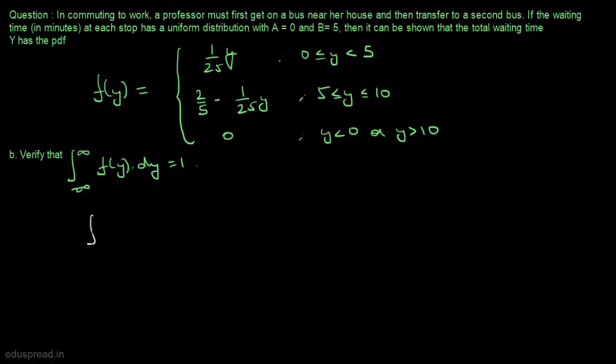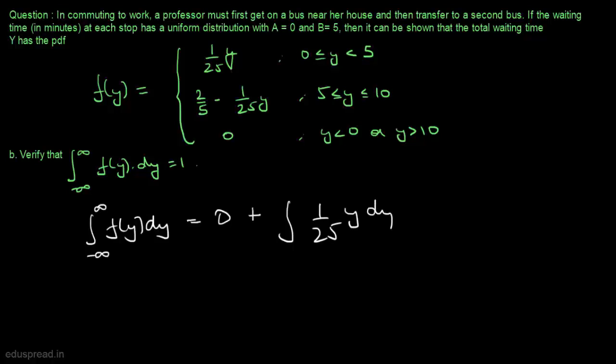So the integral of f of y dy from minus infinity to infinity can be written as 0, because for y less than 0, f of y is equal to 0, plus the integral of 1 divided by 25 times y dy from 0 to 5, plus the integral of 2 divided by 5 minus 1 divided by 25 times y, from 5 to 10, dy, plus 0. This is 0 because f of y is equal to 0 for values of y greater than 10.